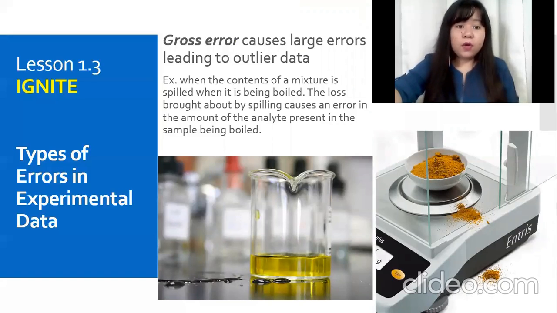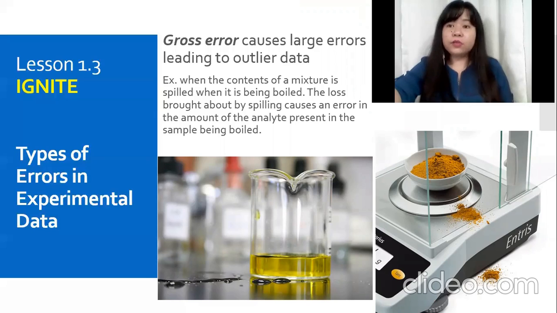Okay, third on the major types of errors in experimental data is gross error. So again, we have determinate and indeterminate error, or systematic and random errors. And third, we have this gross error. It causes large errors leading to outlier data.